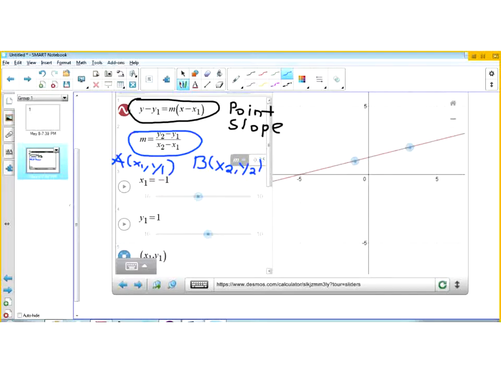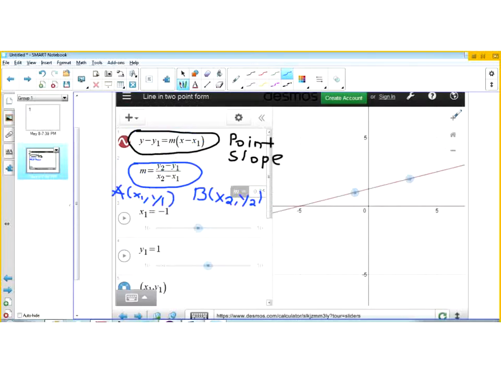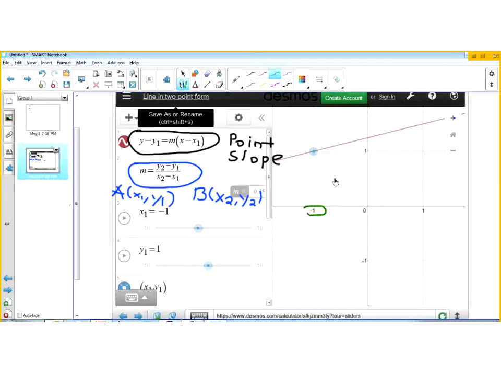So in this particular case, x1 is -1. Let me zoom in. Yeah, there we go. So you can see the grid, right? If we let x sub 1 equal -1, which is right here, and y sub 1 is 1.